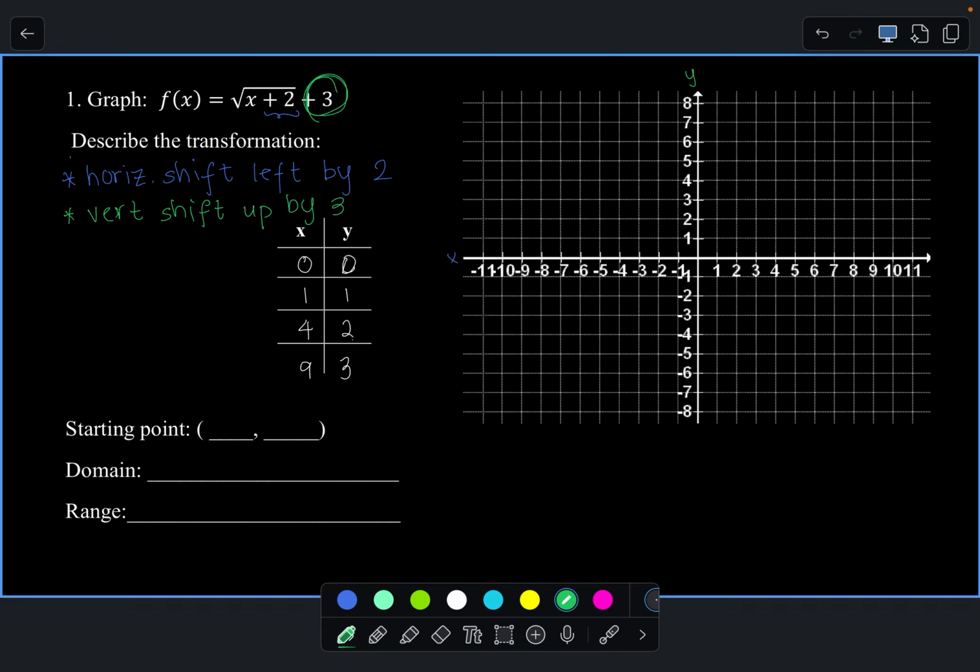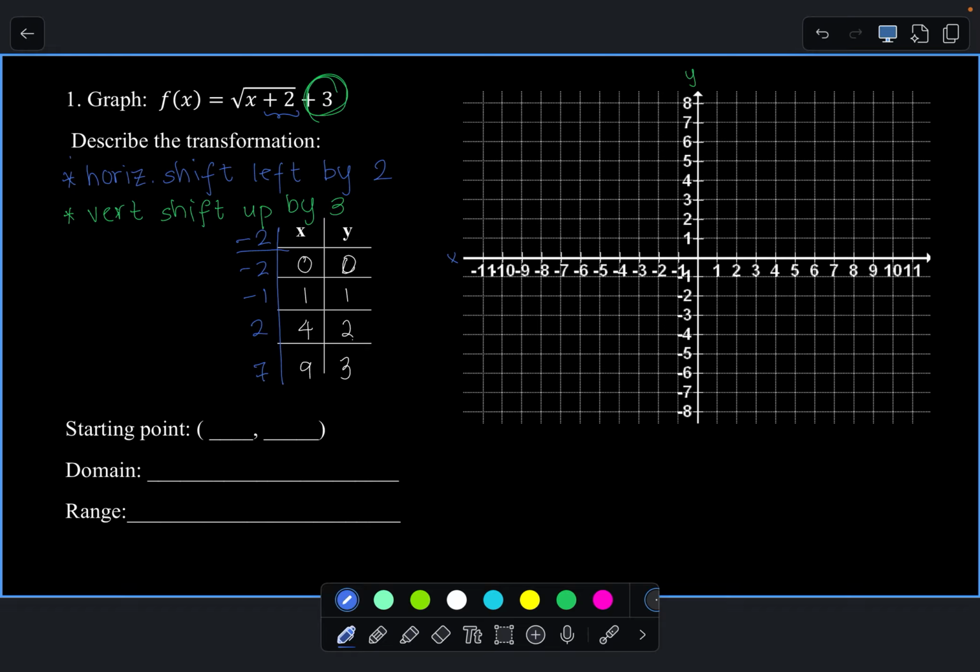We obey the sign. So whatever's happening to x, we do the opposite. Whatever's happening on the outside of x, that is happening to y, we obey the sign. So here we go. I'm going to go ahead and subtract 2 from my x values. And I get negative 2, negative 1, 2, and 7.